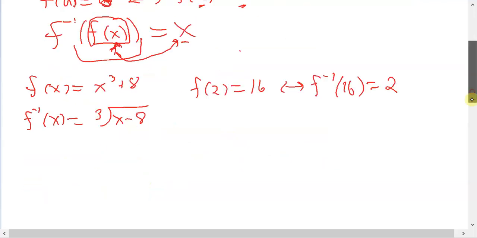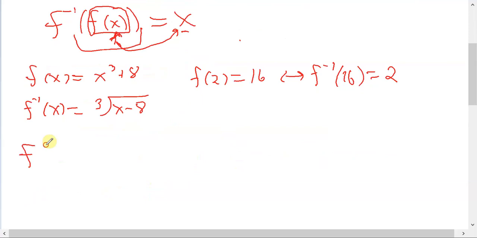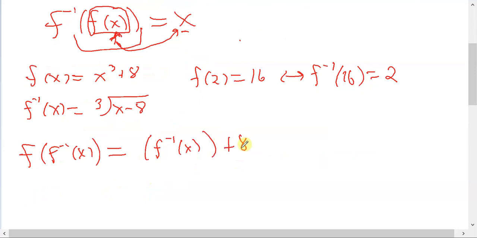But I can also show it all at once by just taking f of f inverse of x. Whatever I plug into f, I'm going to cube it. So I'm going to be cubing f inverse, and then I'm going to add 8 to it. Well, f inverse is the cube root of x minus 8. That's what I'm going to be cubing and adding 8 to.